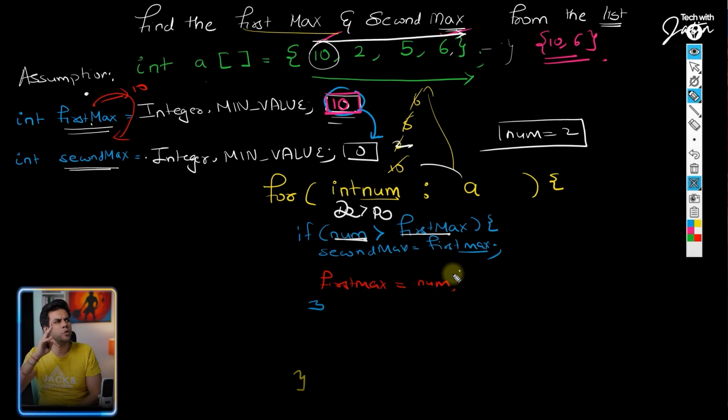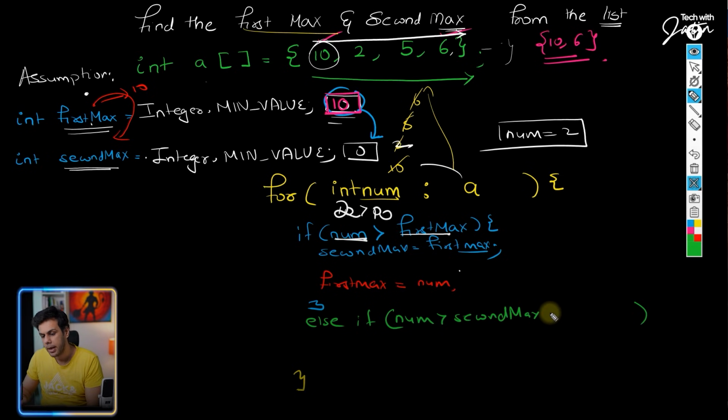But if it is not greater than first max, shouldn't we check whether this particular number is greater than second max? Right? So over here, I'm going to have an else if, and I want to check whether number is greater than second max, and the number should be less than first max.